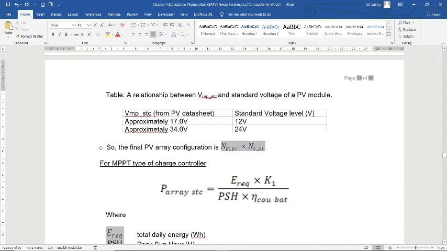P represents the parallel string. So number of parallel string of the PV module by NSPV, which represents the number of PV module in series per string. Okay.